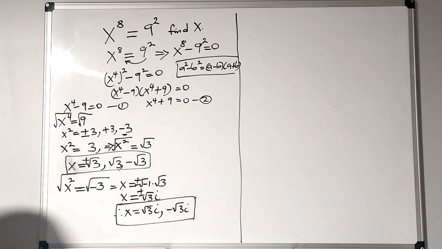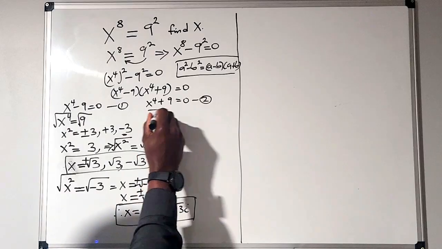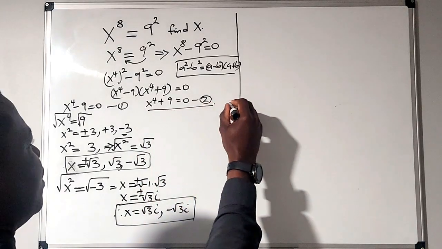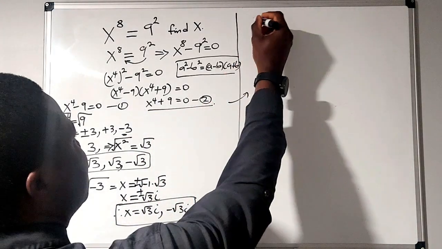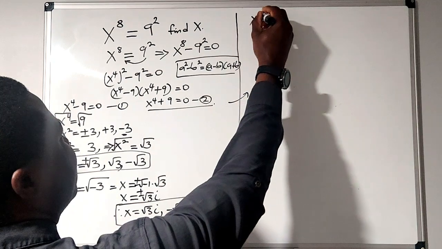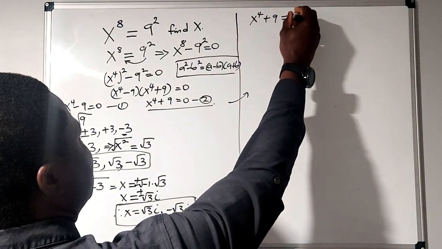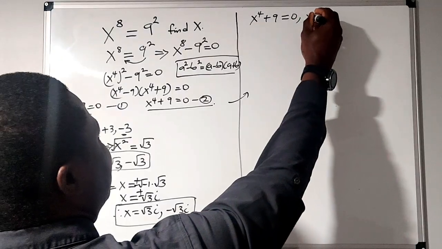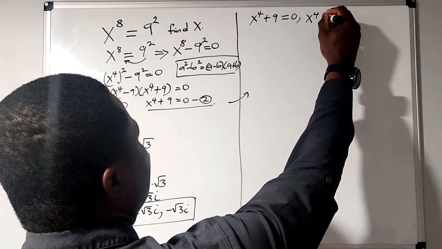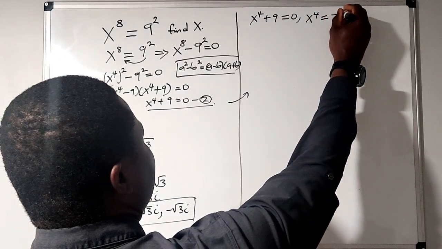Now, we take this one over here. So now we have x raised to power 4 plus 9 equals 0. Therefore, x raised to power 4 is equal to minus 9.